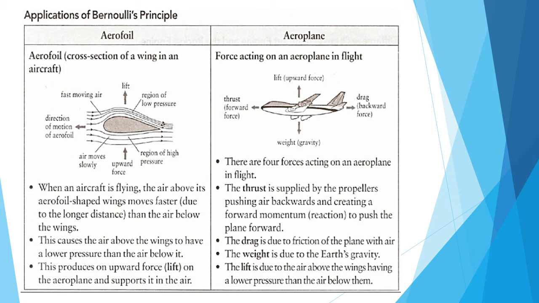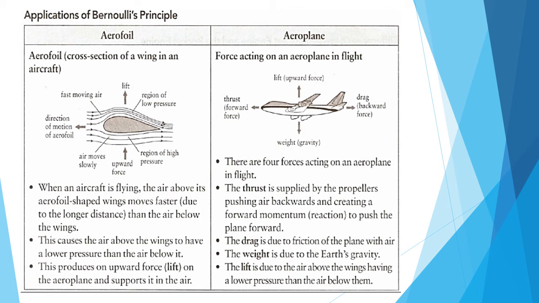The second force is drag. Drag is due to friction of the plane with air. The third force is the weight, which is due to the earth's gravity. This gravity is always pulling the plane down.